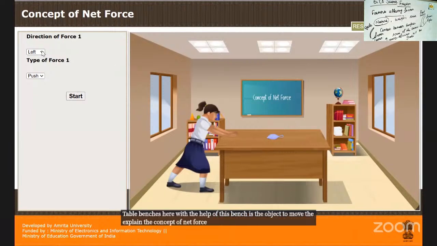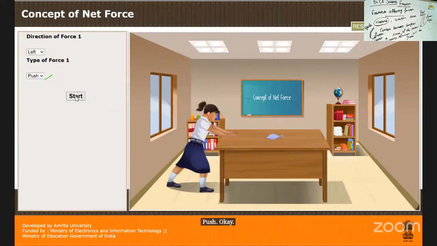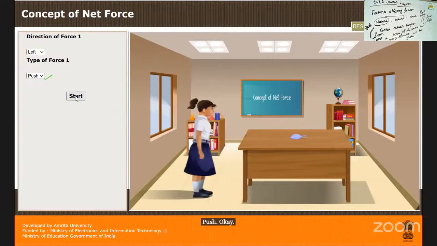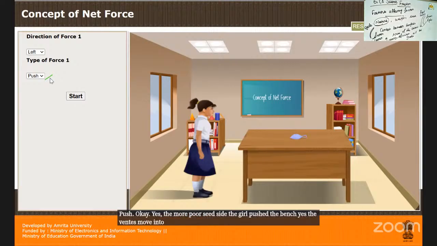First, I choose the direction as left and then push or pull: push. Yes, the bench moves in the opposite side. The girl pushes the bench. This is called a push. The force is applied in this area, so the bench is moved to the front side.